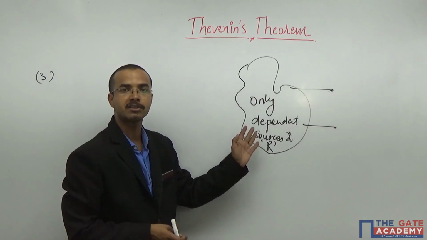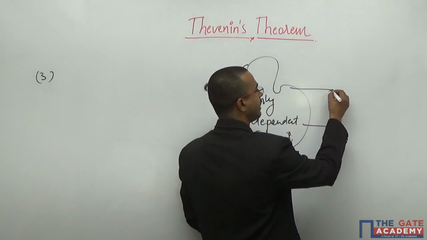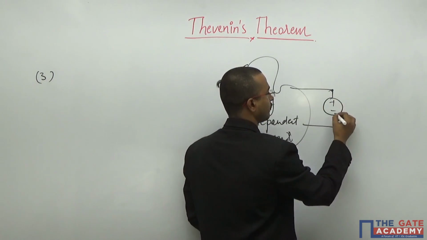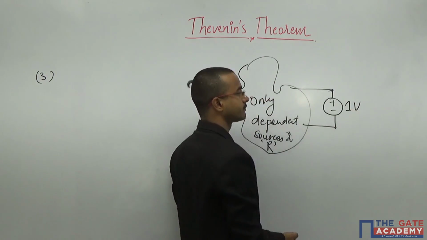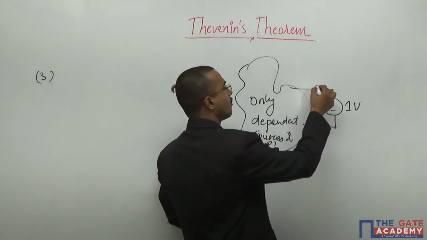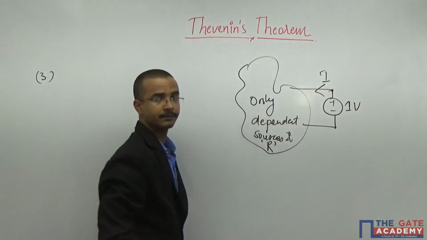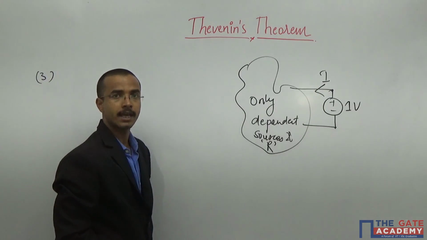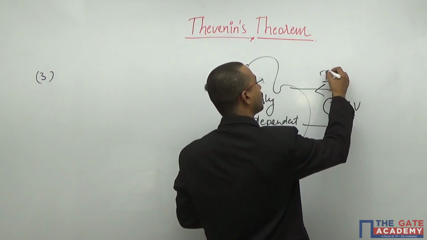Any other independent source is not present. Then I will apply any arbitrary voltage of 1 volt, and I will try to measure what current this voltage source is pumping into this circuit. That means if I apply the battery of 1 volt, how much current it is producing in my circuit.